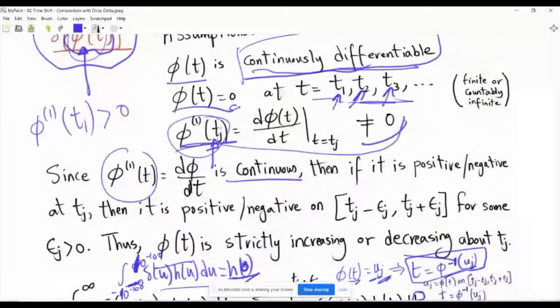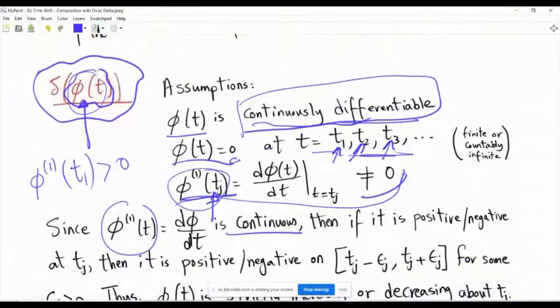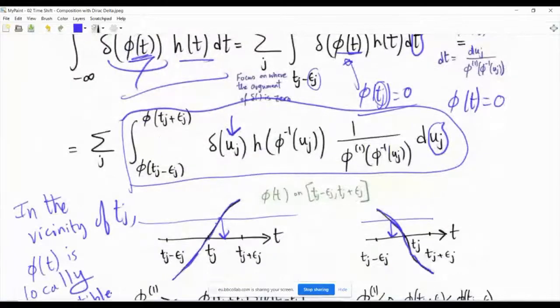So we started with this delta of phi of t, where we can have a complicated function here, but it should obey those conditions. Now we are talking about a delta of a simple variable, the dummy variable of integration. And so what will be this integral?